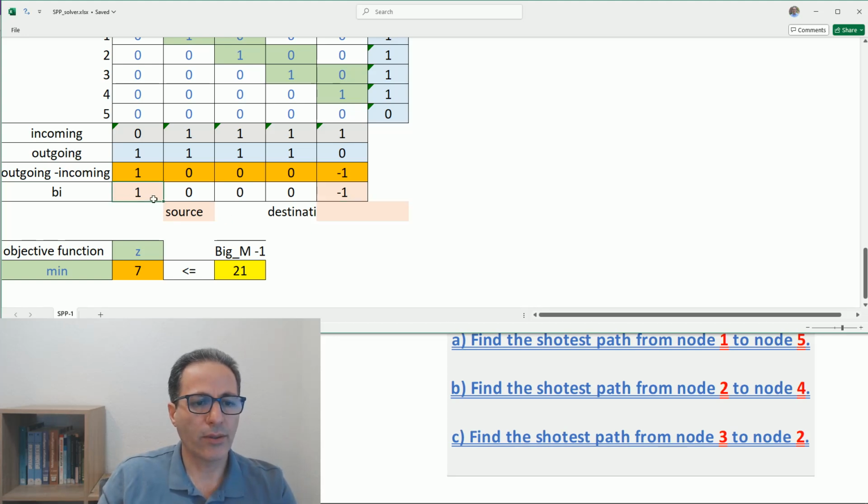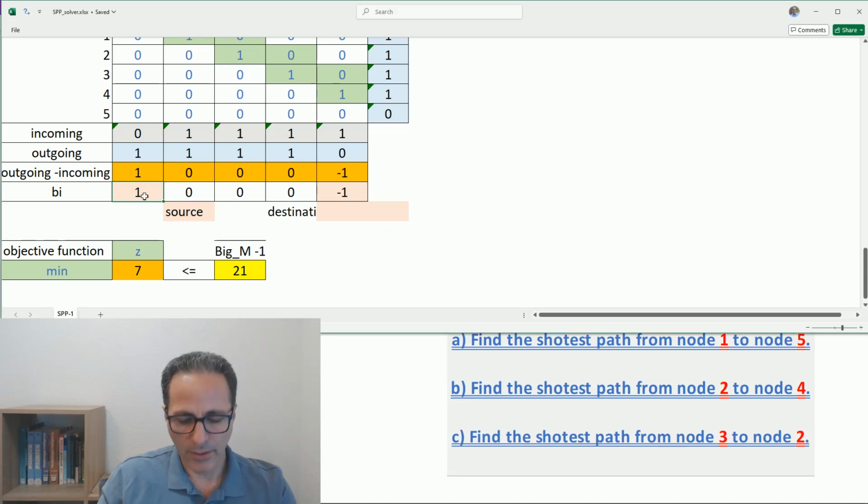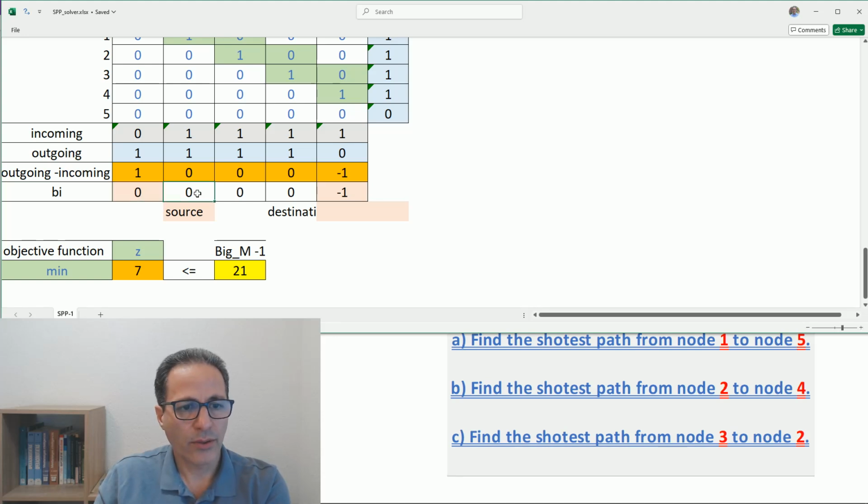Since this is source, then I copy this or just move this one there. We can move it. No problem. Then let's just keep the same formatting. So this is going to be 0. Source is 1.